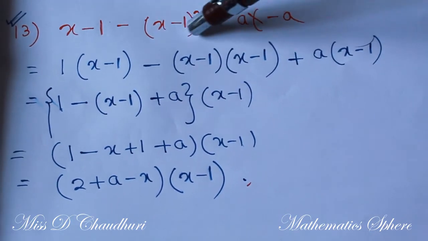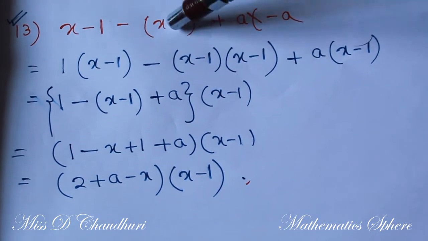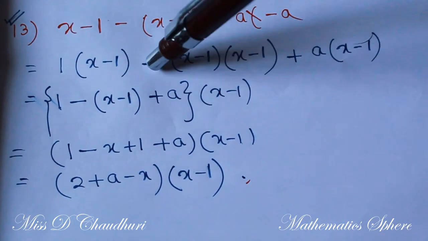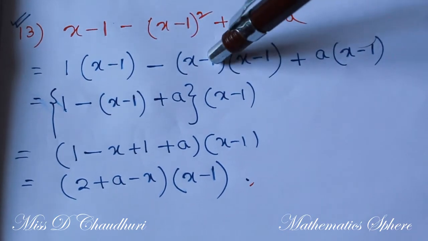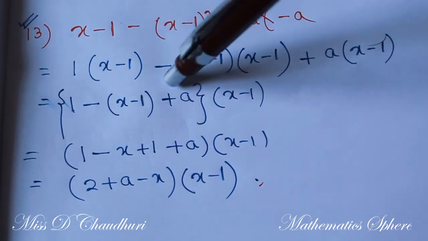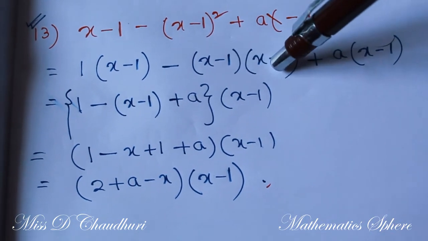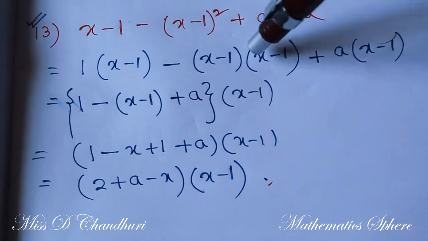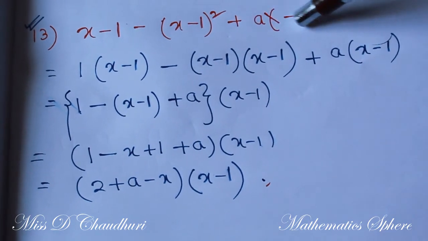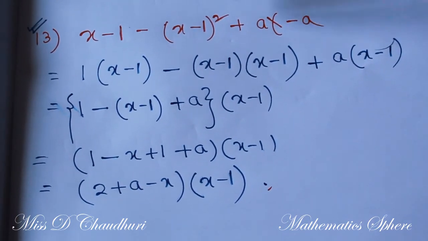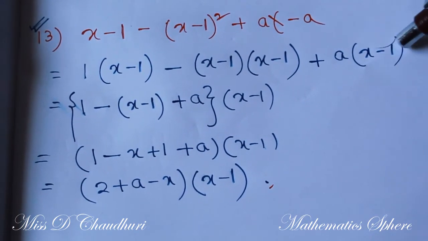Again from here, you see (x minus 1) square means there are 2 x minus 1s. So I am writing it like this: minus (x minus 1) into (x minus 1). I am breaking it into 2 factors because a square means a into a. So (x minus 1) whole square will give you (x minus 1) into (x minus 1). Again from the third part, the last 2 terms, if we take a common, x minus 1 will be coming.